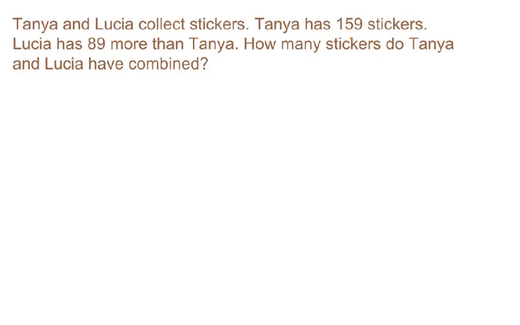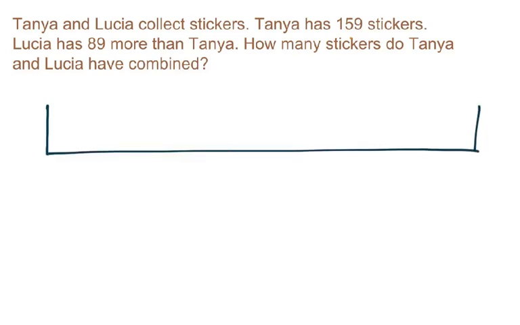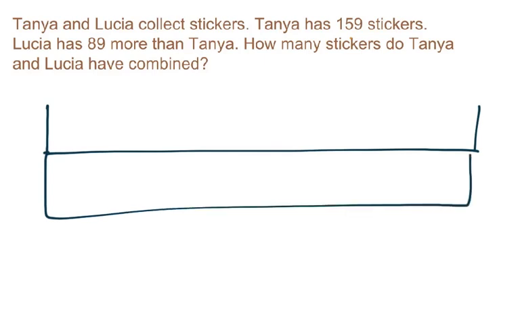Tanya and Lucia collect stickers. Tanya has 159 stickers. Lucia has 89 more than Tanya. And how many stickers do they have combined? So I'm going to make this pretty large, going from here to here. And so we're looking right here for a total. We don't know what that is yet.